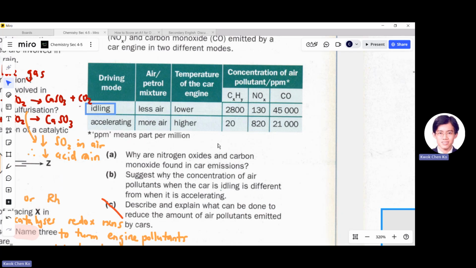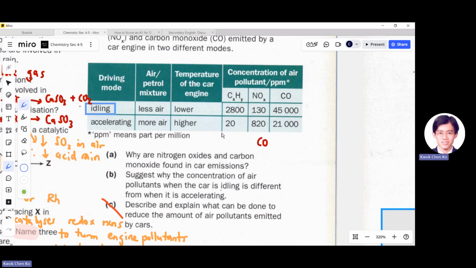Okay, look at part A. Why are nitrogen oxides and carbon monoxide found in car emissions? Yep, Ethan? Not entirely true.